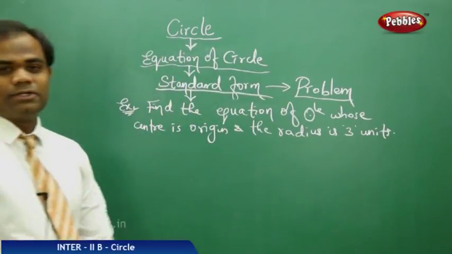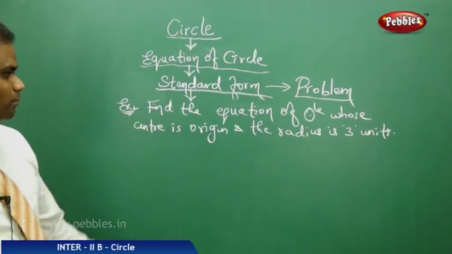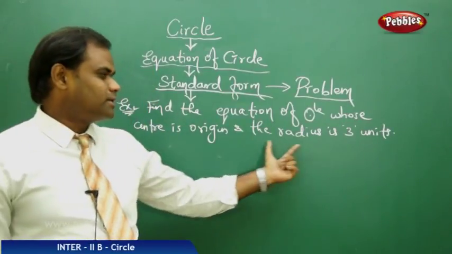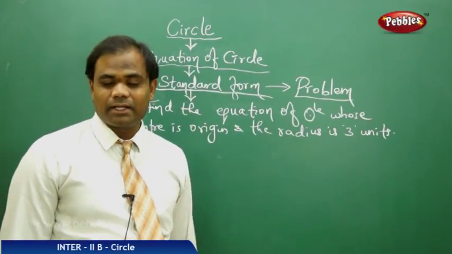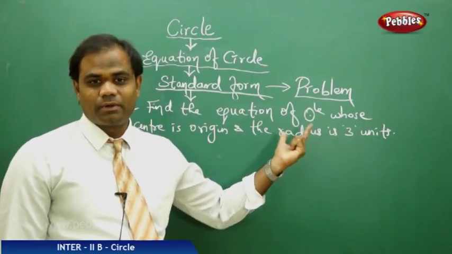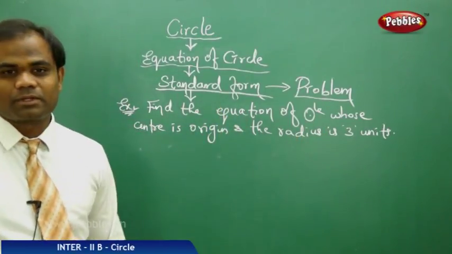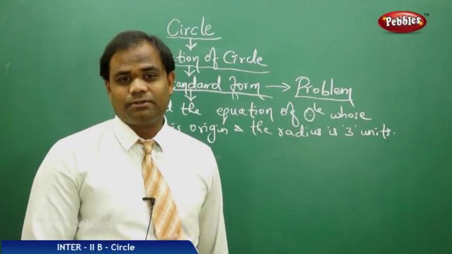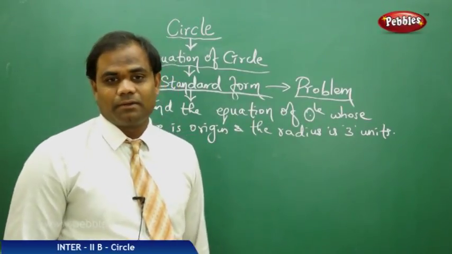I clearly understand this problem is related to the standard form, because the standard form of a circle has its center at origin and radius r.